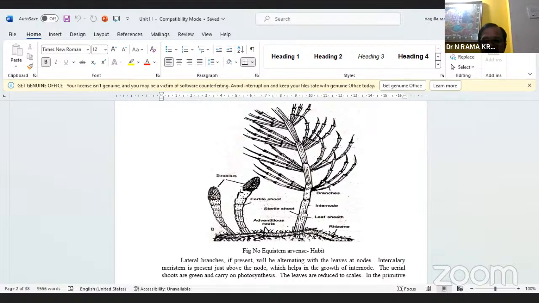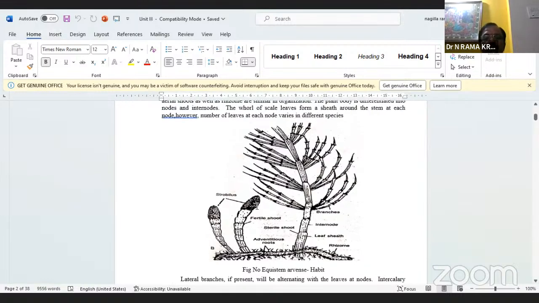The spore-producing organs: the mature plant of Equisetum is a sporophyte. It bears spores and reproduces by the asexual method. These spore-producing organs of Equisetum are compact structures called the strobilus.